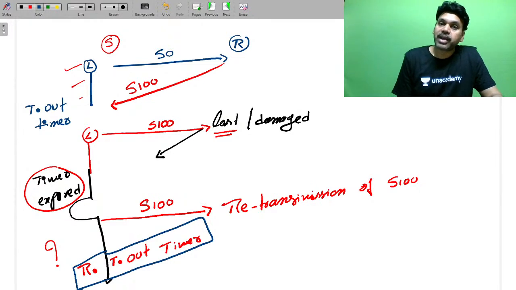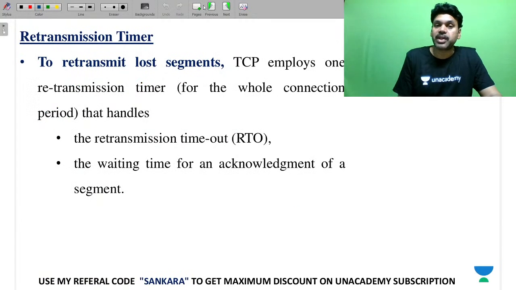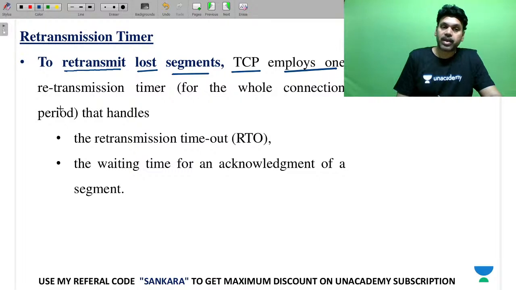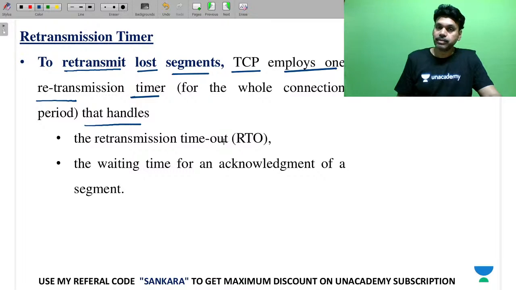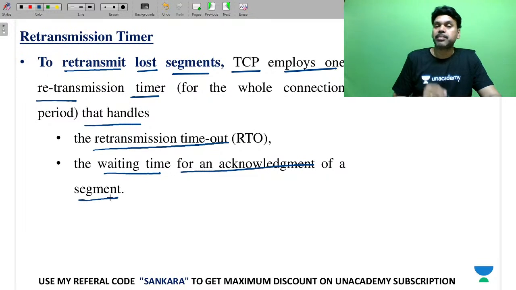Now if you look at what the retransmission timeout timer is saying: to retransmit lost segments, TCP employs one retransmission timer that handles the retransmission timeout duration and the waiting time for an acknowledgement of a segment.